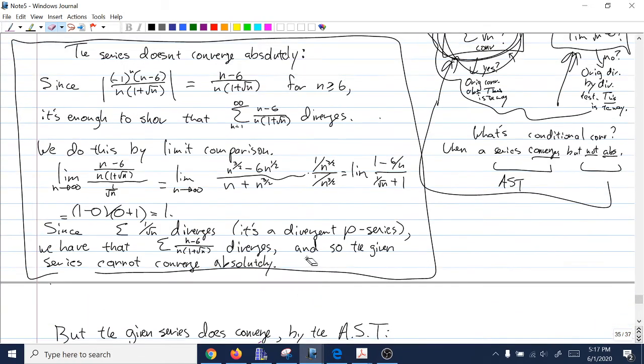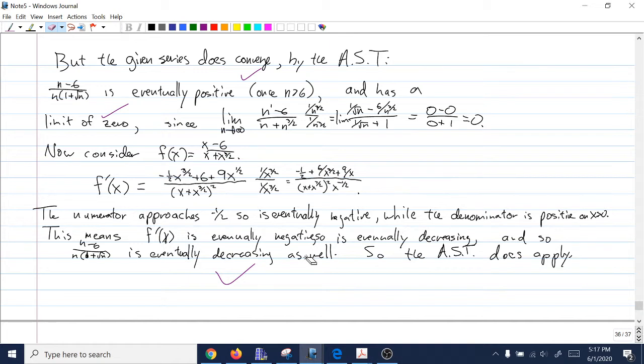We showed the series doesn't converge absolutely. We've shown that the series does converge. That means, by definition, it converges conditionally. I should make a sentence that says that.